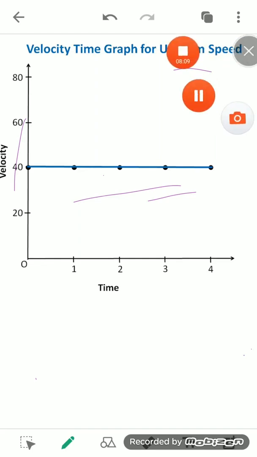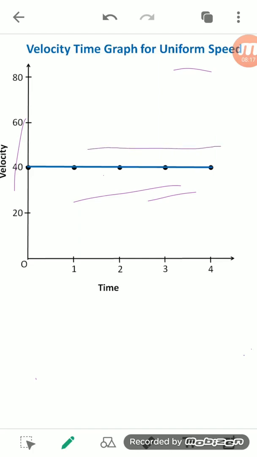So a speed time graph for a body which is moving with a uniform or constant speed is a straight line, and this straight line is parallel to the x-axis, or parallel to the time axis.